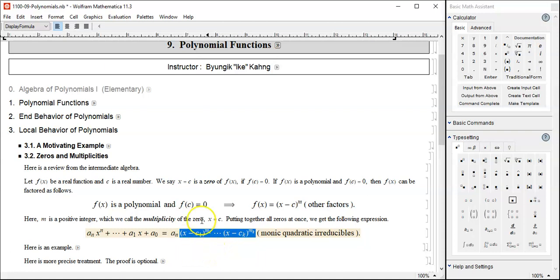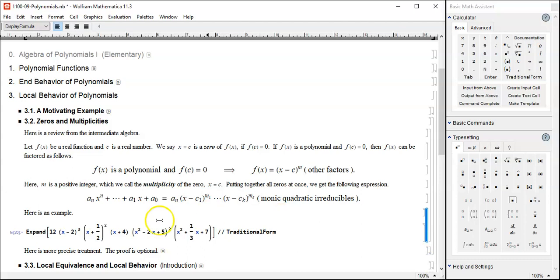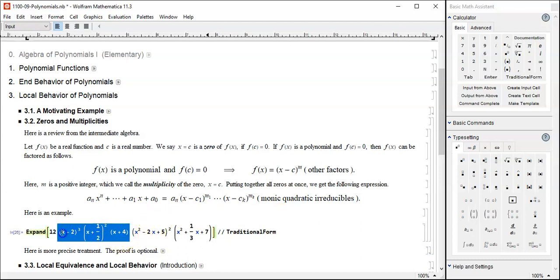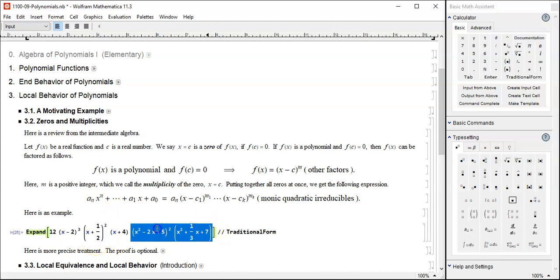All the multiplicities all counted in. So what's left, if there's anything, would be quadratic irreducibles. Kind of like this example. You see, you have some 0 factors or linear factors here, which will give you zeros. And then we have quadratic irreducibles, which will not give you any real 0.